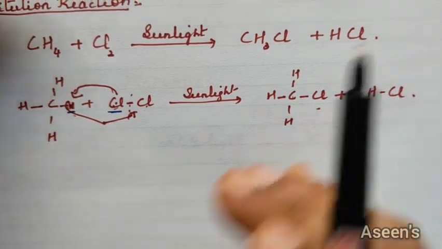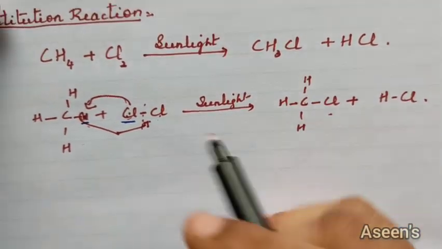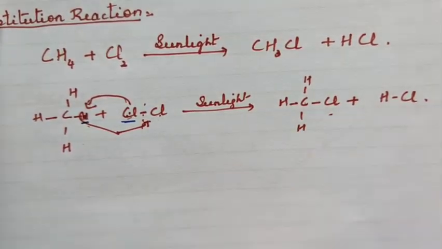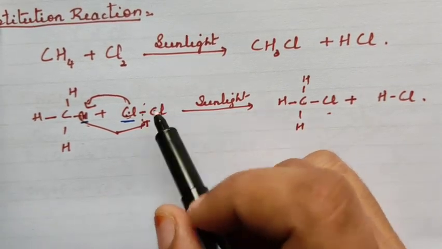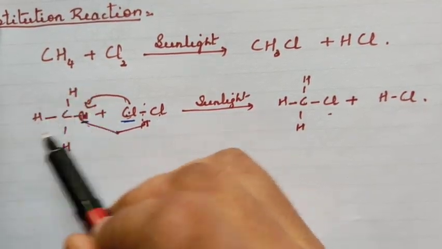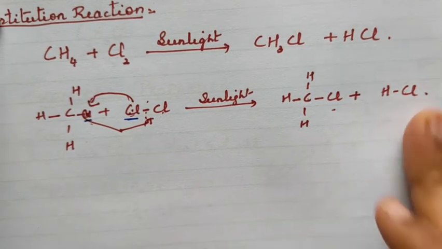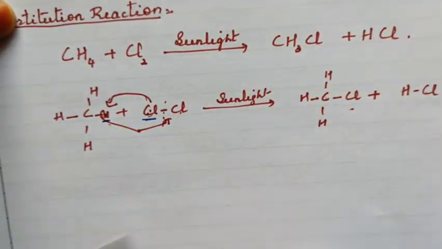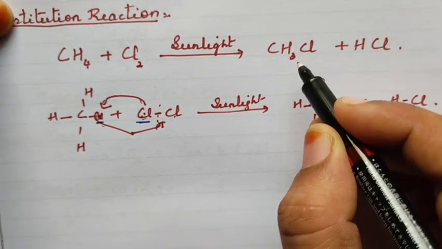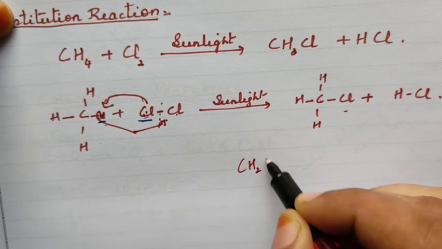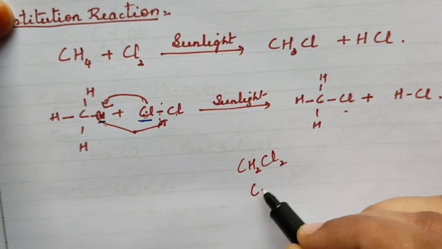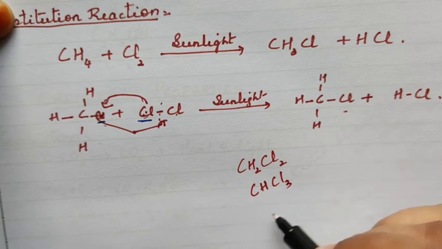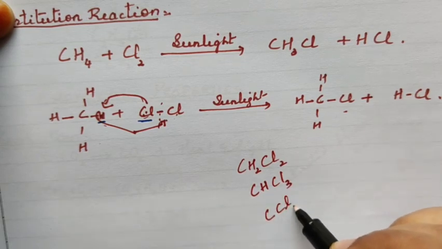Now, the reaction does not stop here. Furthermore, as the chlorine molecules are broken down, they are going to target the other hydrogens, and it will result in, see here, you have got your CH3Cl, then you're going to get CH2Cl2, then CHCl3, and lastly CCl4.